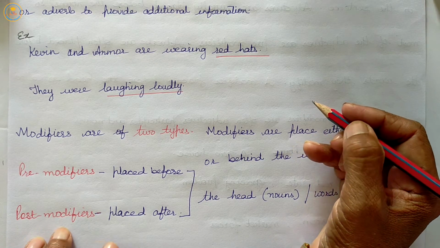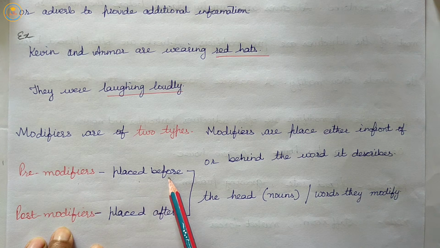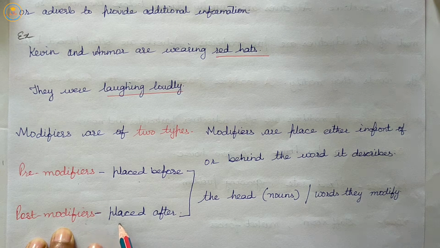Pre-modifiers or post-modifiers. First is the pre-modifier. It is placed before the word or the noun that it modifies, and the post-modifier is placed after the word or after the head or the main word that it is describing.